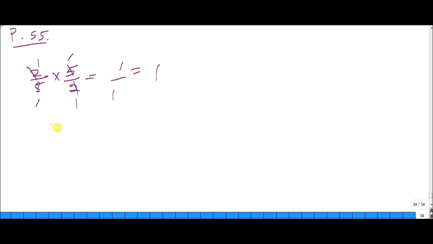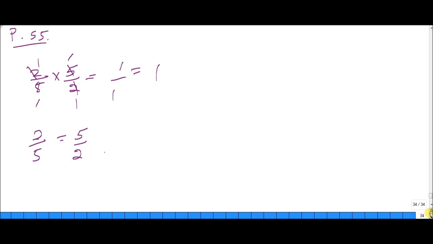Answer 1. So using that rule, the product will result in 1, it means for 2/5 the reciprocal is equal to 5/2.